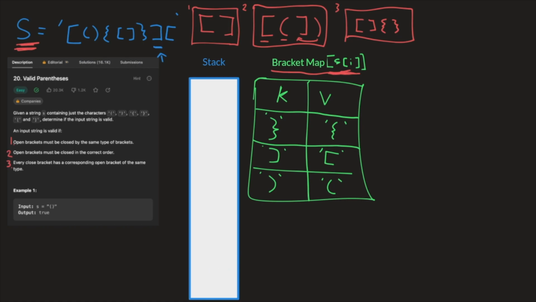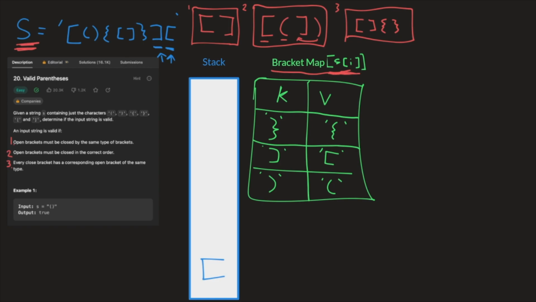And this is our last iteration right here. So we check, hey, bracket map, do you have this key? And it doesn't, so it returns undefined or some other falsy value. Since it doesn't exist in our bracket map, we know that it's an opening bracket, and we add it to the stack.